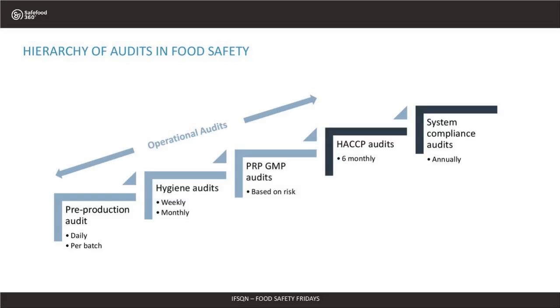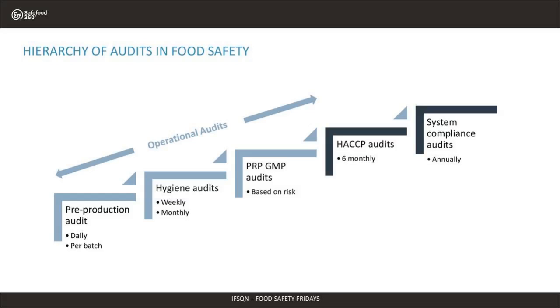Perhaps weekly, certainly monthly, perhaps, depending on the risk. Then just moving up again, we might have these kind of PRP audits, general prerequisites, maybe operational ones. Definitely probably based on risk, but less frequent than the previous two. And these three represent what I would sort of term operational audits.